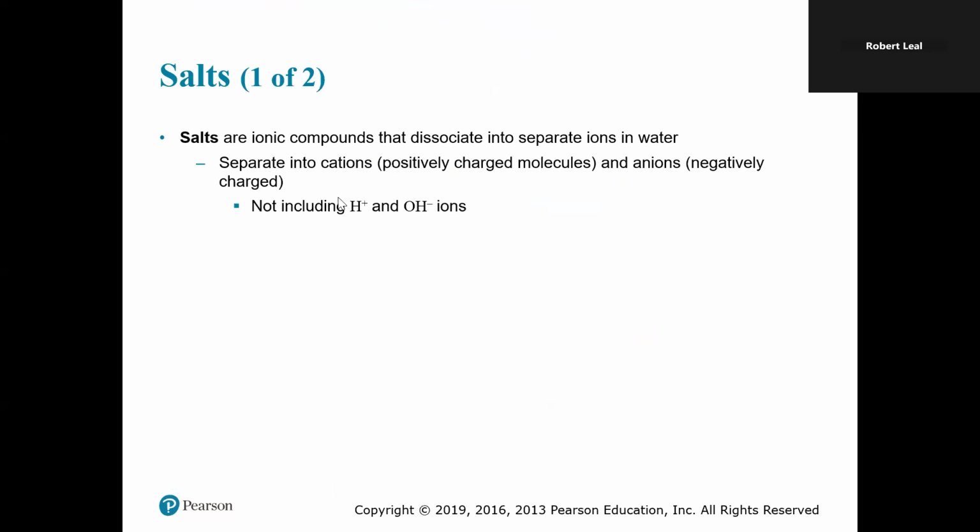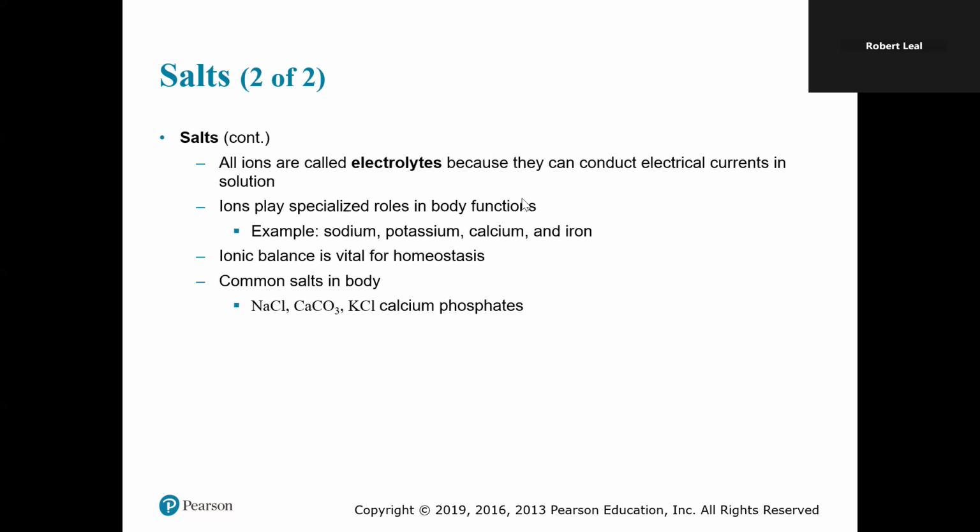And what are acids? Acids are compounds that donate hydrogens when they hit water, and bases are compounds that ionize and donate hydroxides, OH minus. So all ions, when they hit water, are referred to as electrolytes. Okay, anything with a charge, basically.